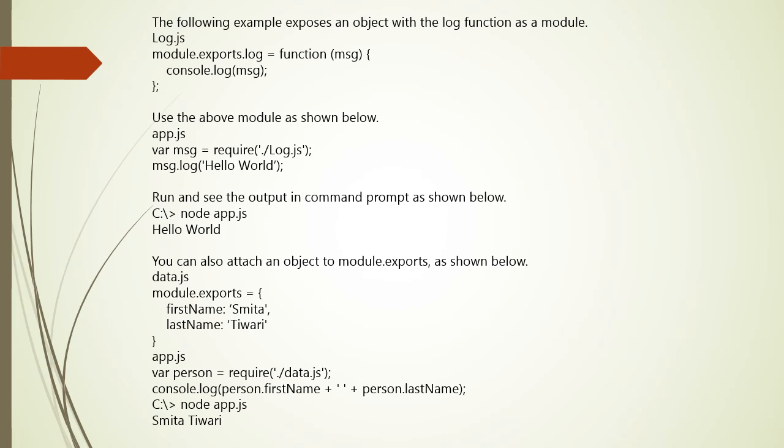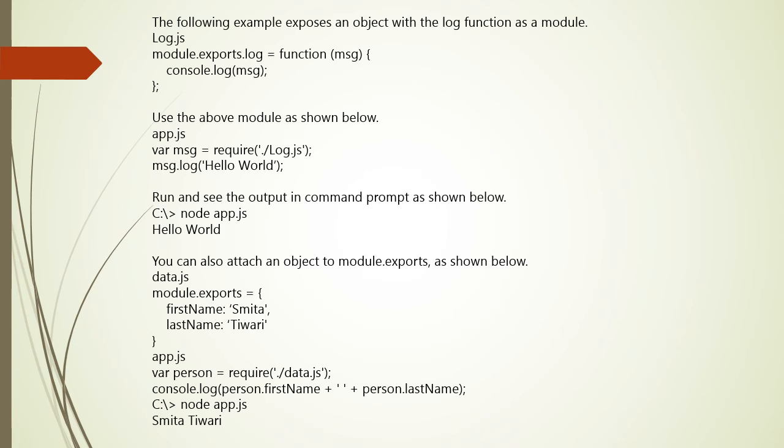Write the app.js file this way, where message = require('./log.js'); message.log('hello world'). If you run and see the output, it will show you hello world as the output.